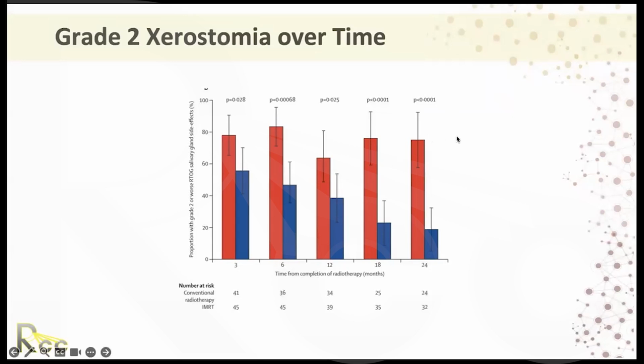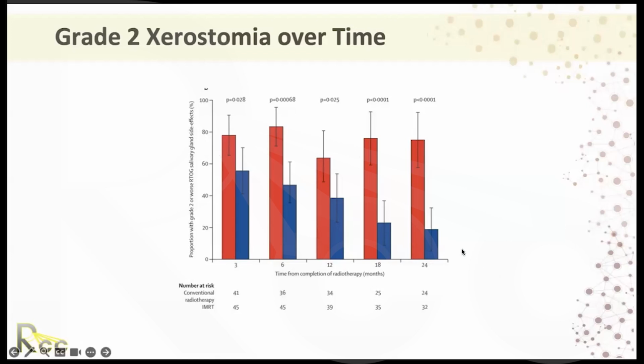It never goes away. Patients have dry mouth for the rest of their lives. Versus with a good VMAT plan where you're at least sparing one parotid gland, xerostomia does improve over time. Still about a quarter of people have grade 2 xerostomia, but the vast majority of patients will report improvement.